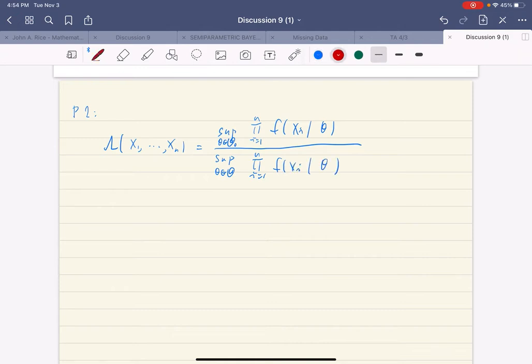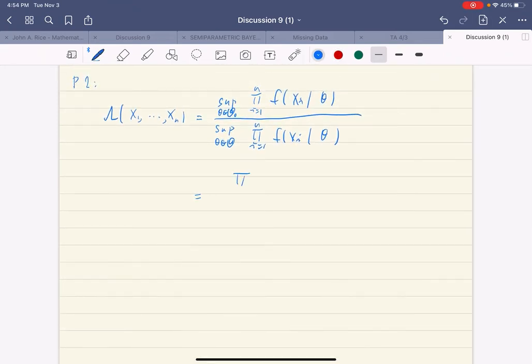And we know that Theta 0 only has one point, which is equal to 1. So the numerator is equal to theta equal to 1, and the denominator is equal to the MLE estimate.